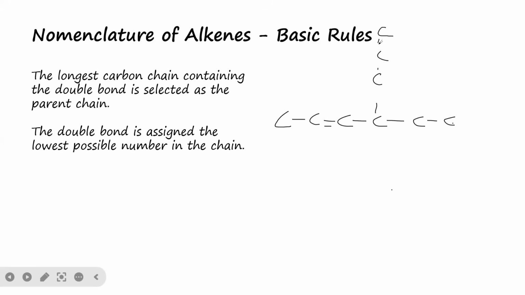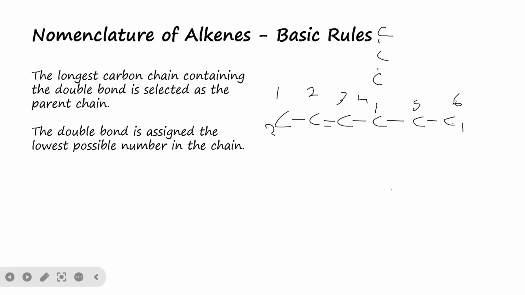After you do that, the next thing is to assign a number. From which direction are you supposed to number this compound? Is it from this direction or from this? The answer is you number it from this side: 1, 2, 3, 4, 5, 6.